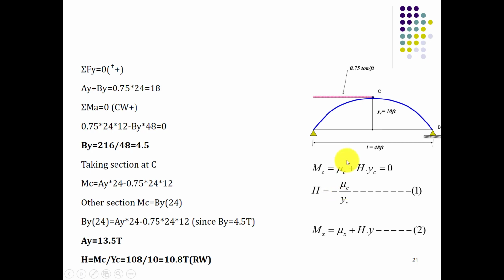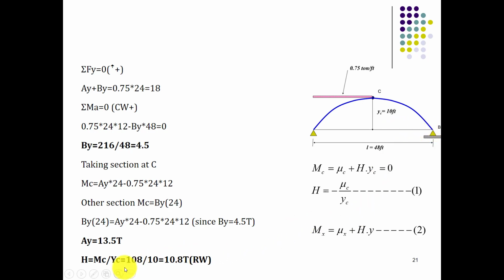So if we take the moment which is in clockwise direction of 108 foot-ton, and we have a vertical force coming up, which is making this one moment, and you have a horizontal reaction contributing to the moment of H into 10.